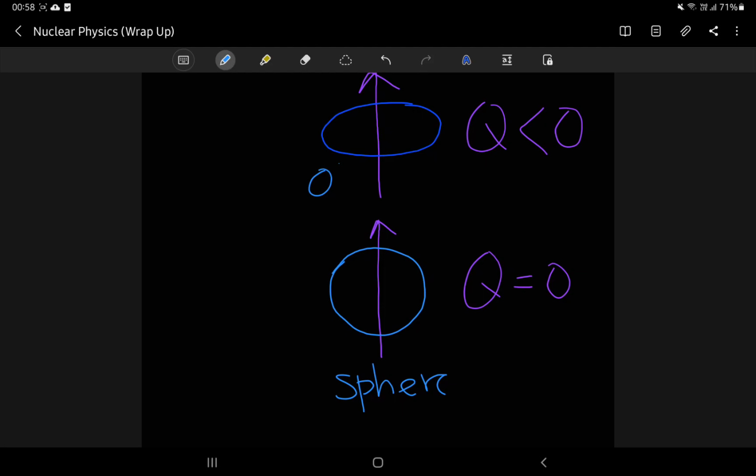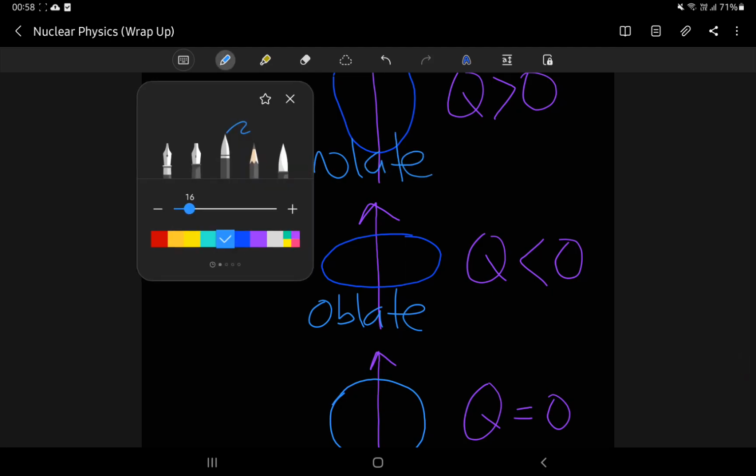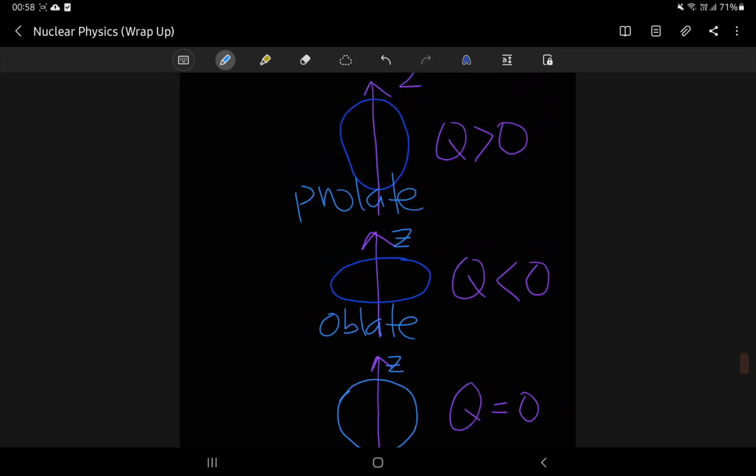You need to remember this is based on the z-axis.